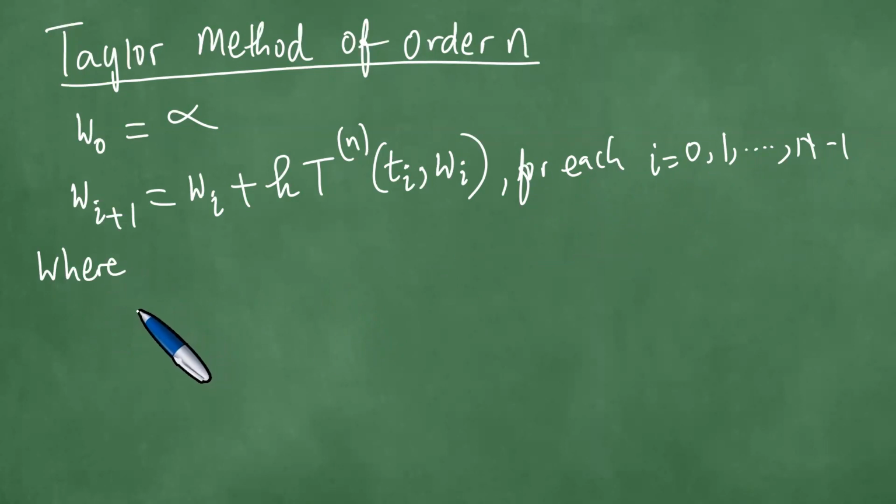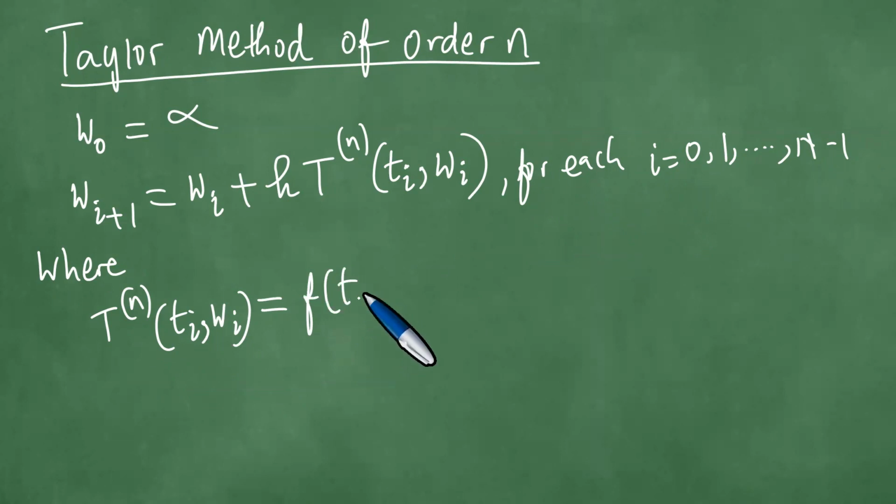In the example, they say use Taylor to estimate, like we used Euler.